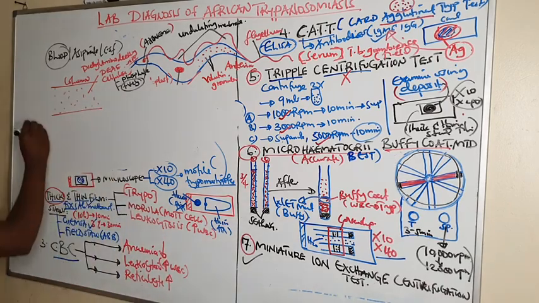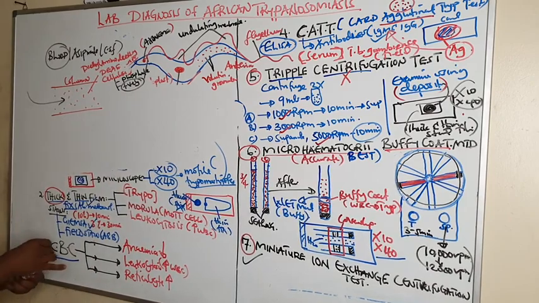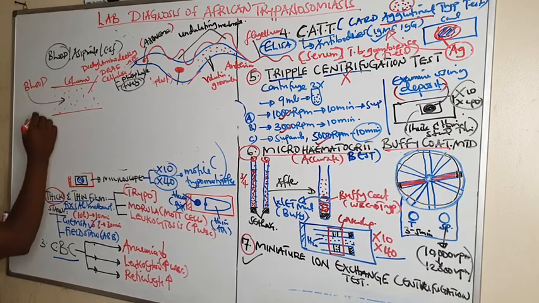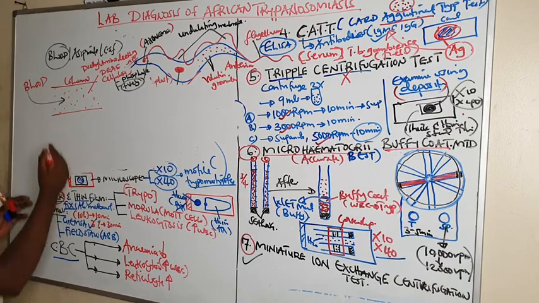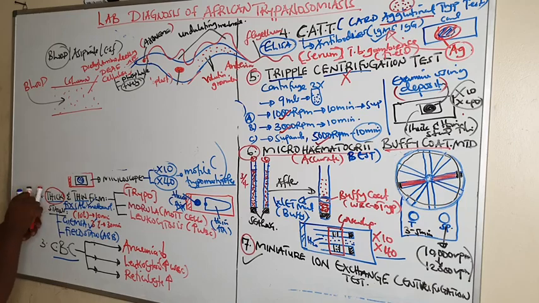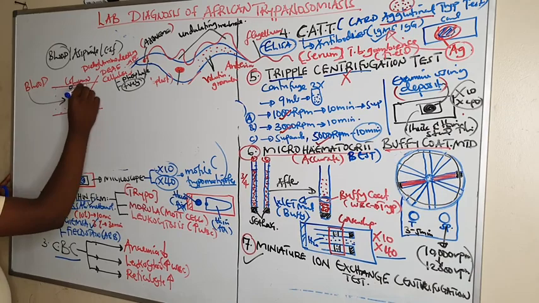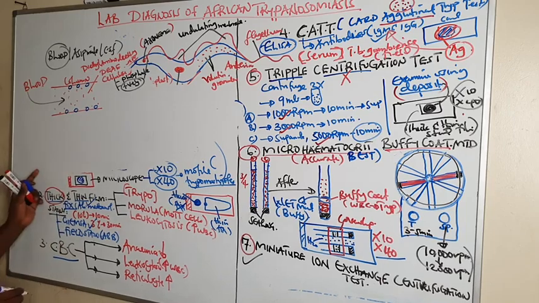So when we elute blood, if we bring blood to pass through the column, this blood contains the cells which are negatively charged, and as the blood passes through, the negatively charged cells are adsorbed on the sides of the column.